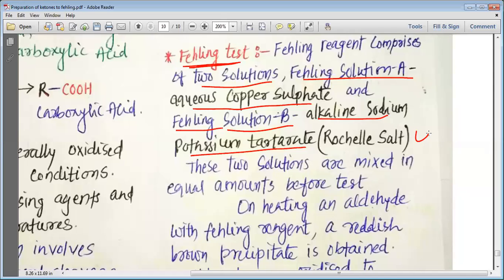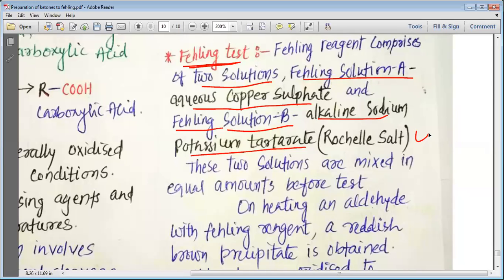My dear students, you may be asked what Rochelle salt is. Rochelle salt is the alkaline solution of sodium potassium tartrate, which is utilized as Fehling B solution.